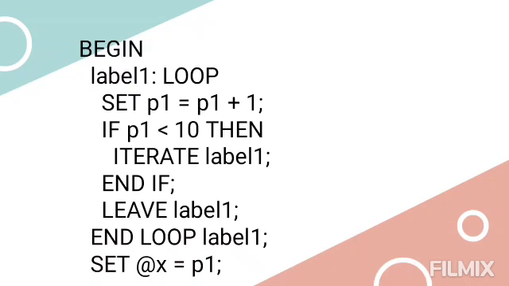While the value of p1 is less than 10, the loop keeps repeating. When the value of p1 is greater than 10, the loop breaks its execution and jumps out of the loop.